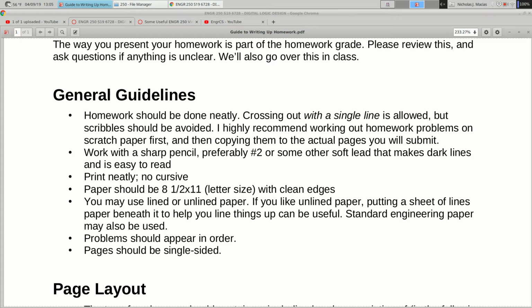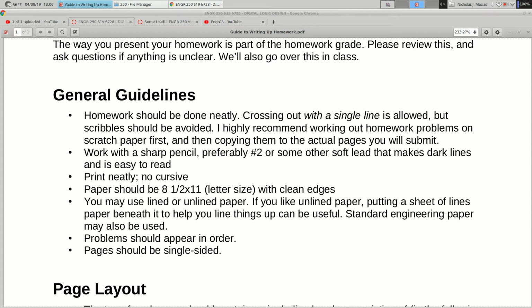Okay. You can either use paper with lines on it, or you can use just plain printer paper with no lines. I like graphing paper. Does that work? Graphing paper is fine. Unlined is fine. Lines are fine. Engineering paper is very fine. You can buy pads of it in the bookstore, and it's got different sections to it and stuff.